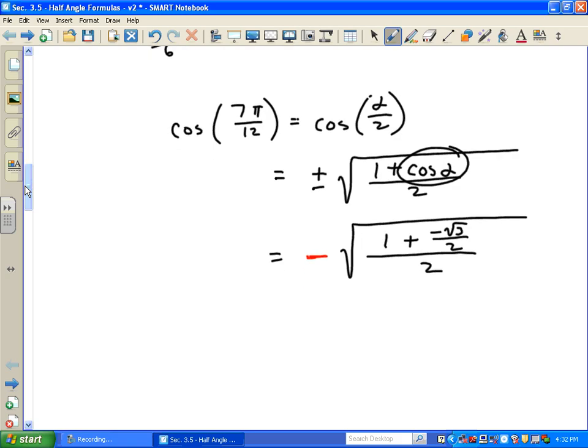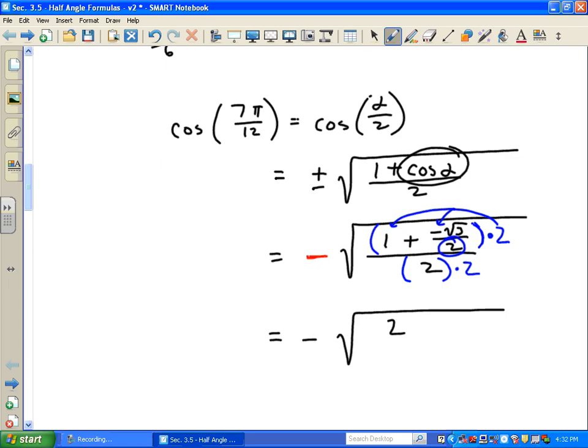All right, from here, let me show you what you need to do to simplify this. We keep the negative sign out in the front. On the inside, we see that we have a fraction within the numerator. To clear that fraction out, I will multiply every single term by whatever's in that denominator. The denominator I'm concerned about is that 2, so I'm going to multiply everything on the top by 2 and everything on the bottom by 2. Doing that, I have to distribute on the top. So this would end up being 2, plus negative, which would end up being negative. The 2's on the second fraction cancel, so I have square root of 3. And then in the denominator, I have a 4.